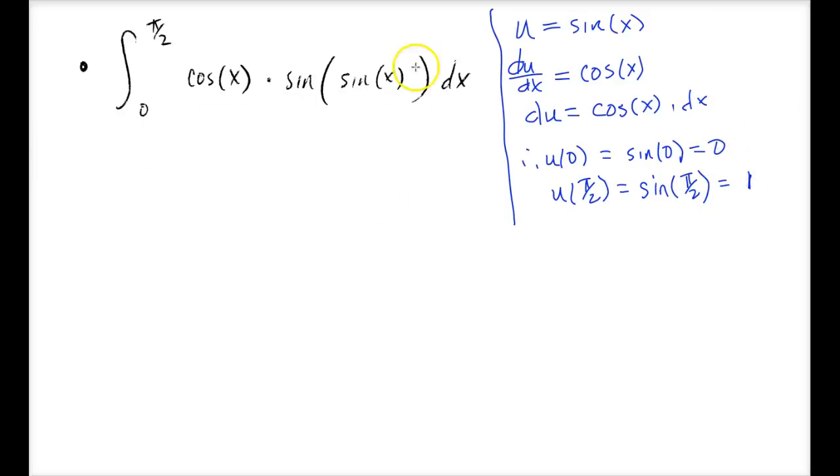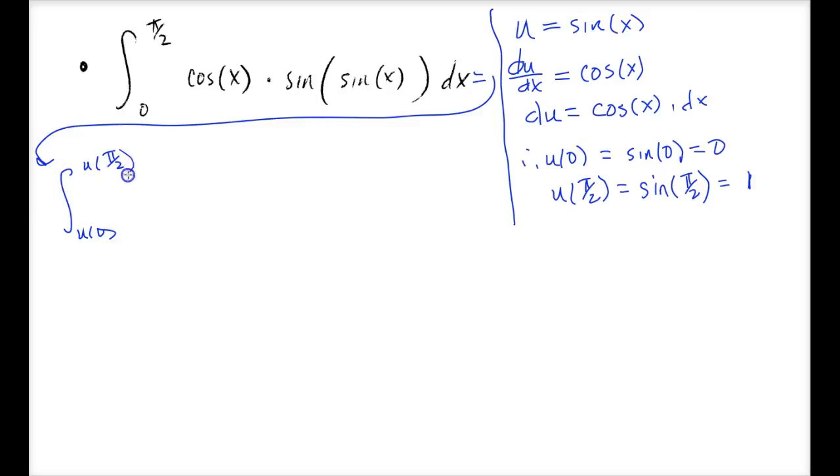So now we come and rewrite everything. This will be u of 0, u of pi over 2. And then we'll have our cosine x dx. All that will be replaced by du.